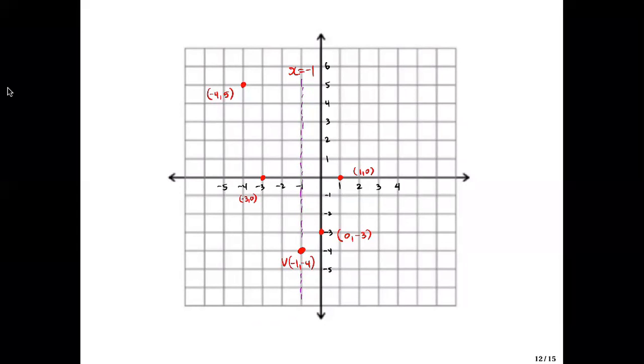And now we can sketch the graph of the parabola. So it will be something like this. Okay? So again, give justice to the parabola. It's not just a straight line. So that's the left side. For the right side, we have something like this.